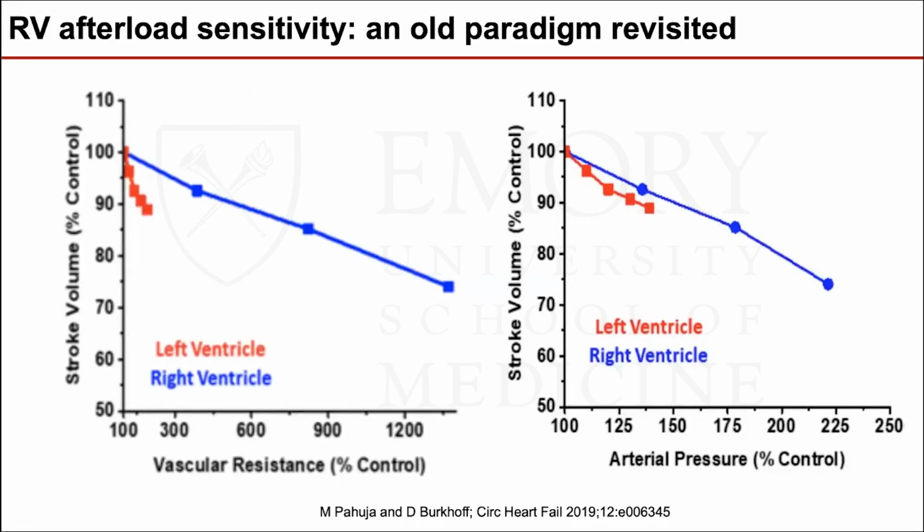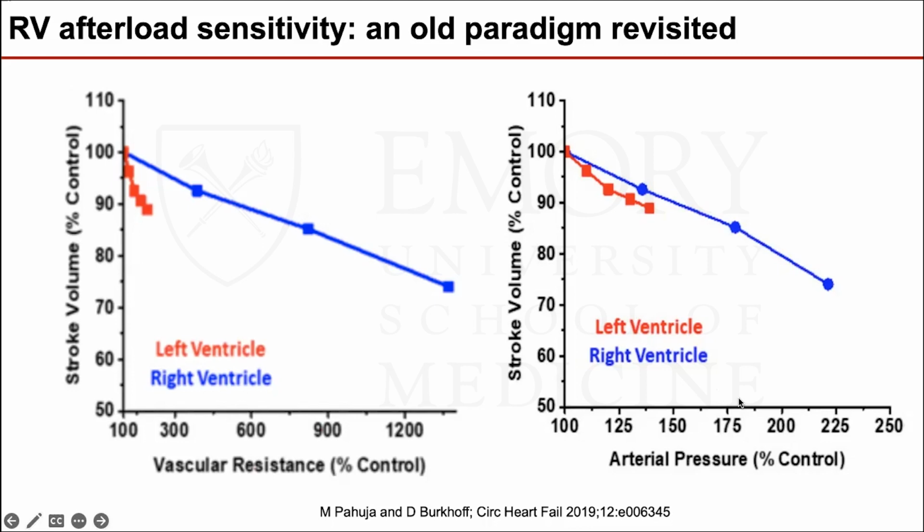If you pay attention to these graphs, what you will find is that the response of the RV to afterload is a function of the pulmonary vasculature. And the two ventricles see very different kinds of vasculature. But if you compare their sensitivity to afterload in terms of relative changes in vascular resistance, you will see that to get the same difference in stroke volume in the right ventricle, you need to increase the vascular resistance up to 1400% as opposed to 1200% in the left ventricle.